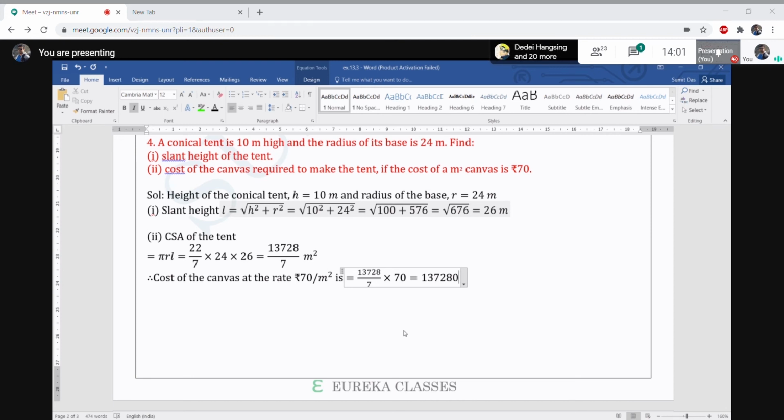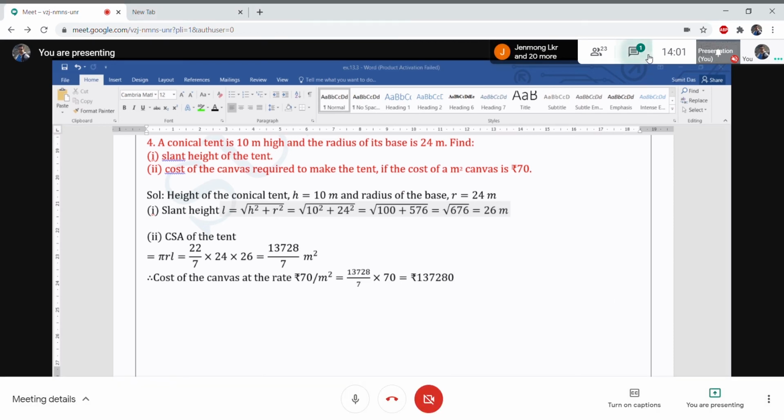Okay, so look, if you simplify this one in decimal form, how difficult this would be. So that is the thing. In mensuration, always try not to convert to decimal form.